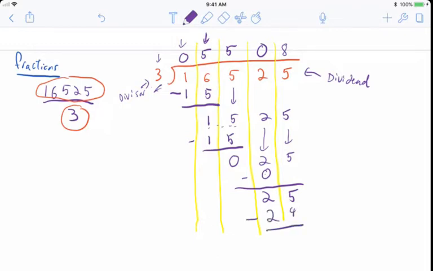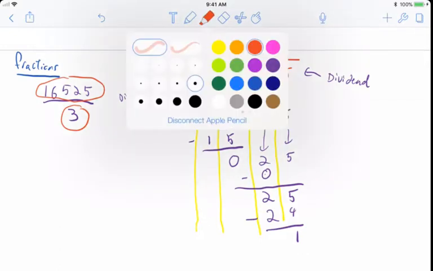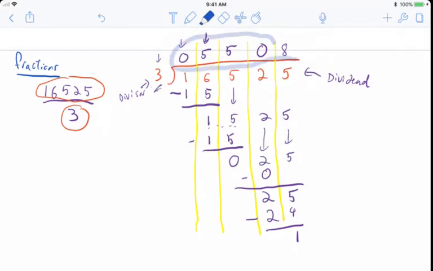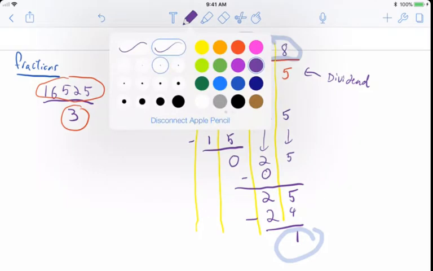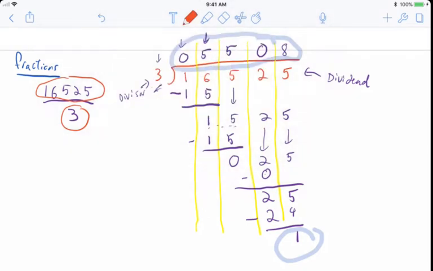1. The result is two numbers. There's this number up top and this number in the bottom. Okay? Each of these has a name. This one's called the quotient, and this one's called the remainder. Okay?